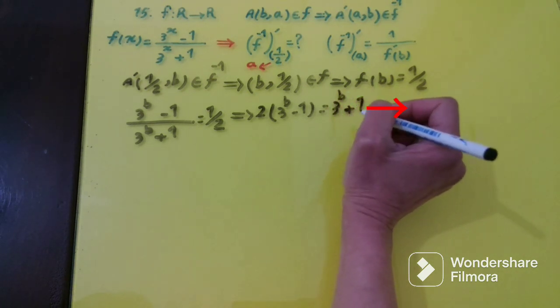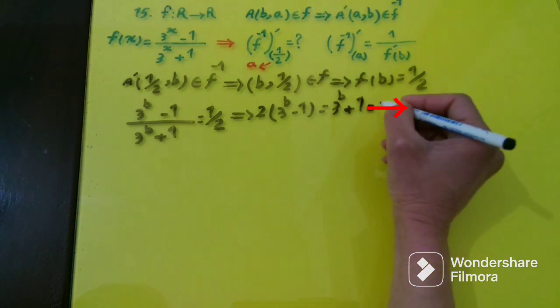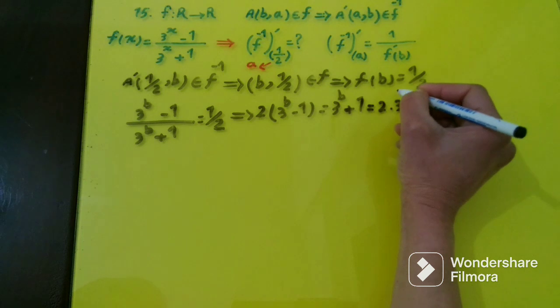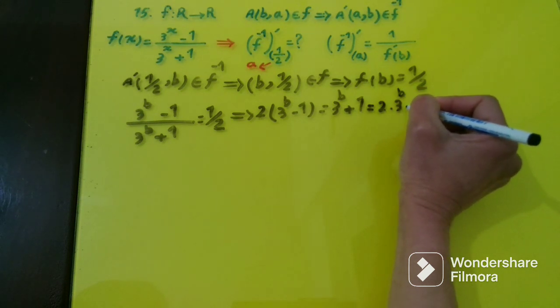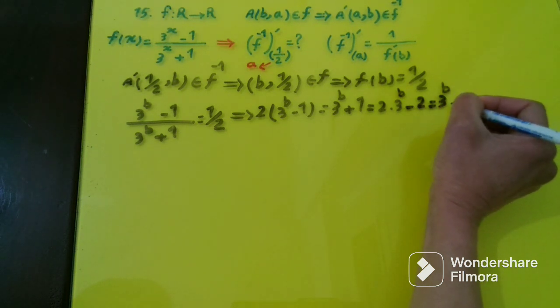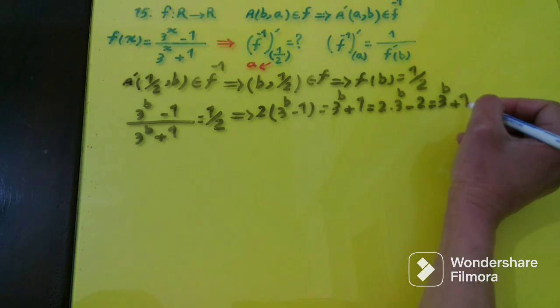Plus 1. It's 2 times 3 to the b minus 2 equals 3 to the b plus 1.